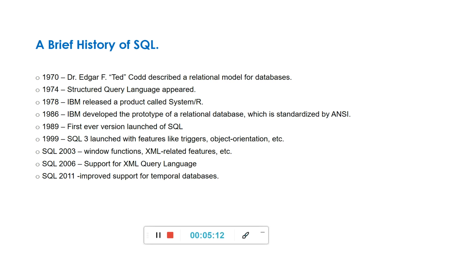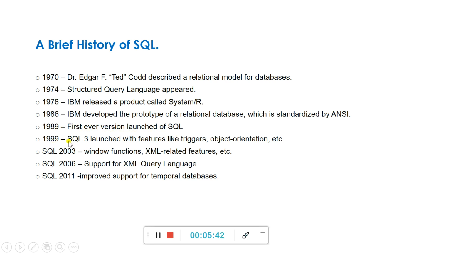In 1974, Structured Query Language appeared. In 1978, IBM released a product called System R. In 1986, IBM developed the prototype of a relational database which was standardized by ANSI. In 1989, the first ever version of SQL Server was launched.